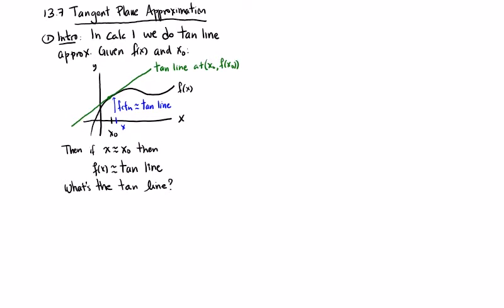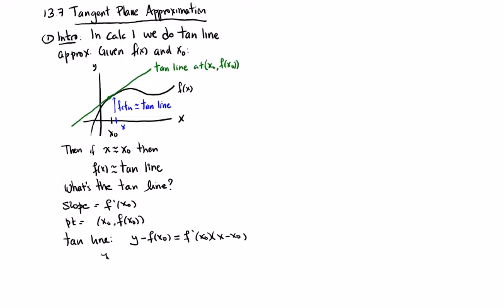Well, the slope is f prime of x0, because that's the derivative, and the point is x0, f of x0. So the point-slope formula says that the tangent line is y minus f of x0 equals the slope times x minus x0.